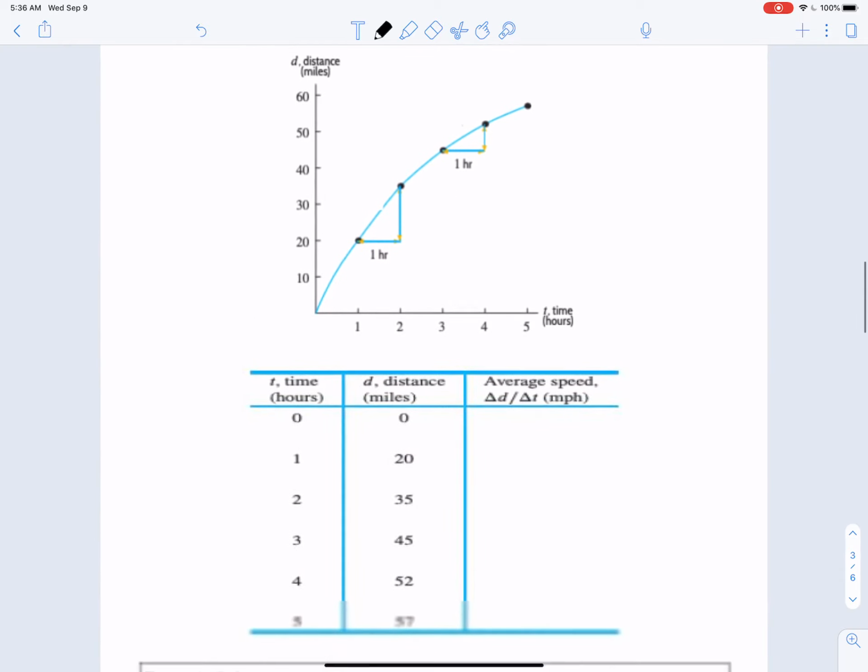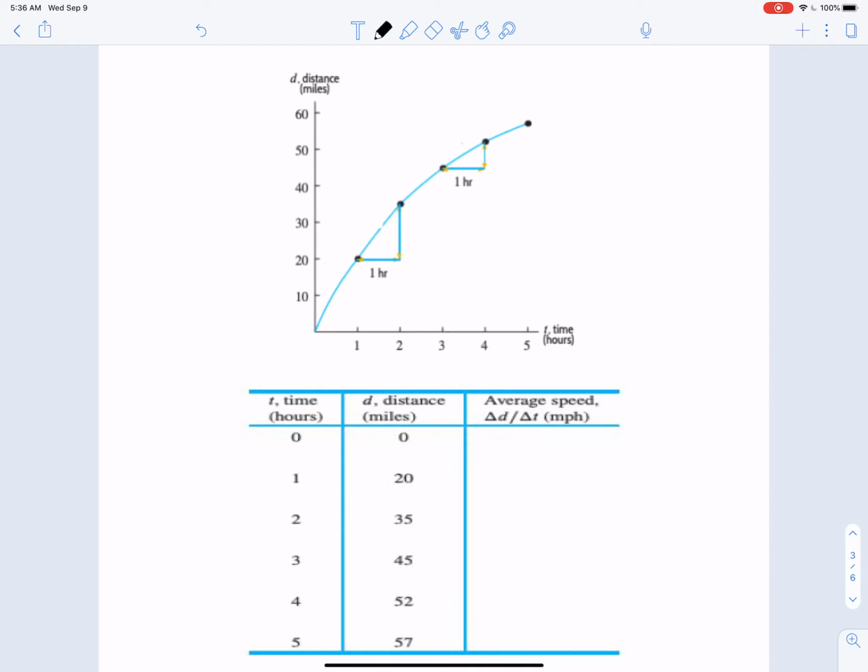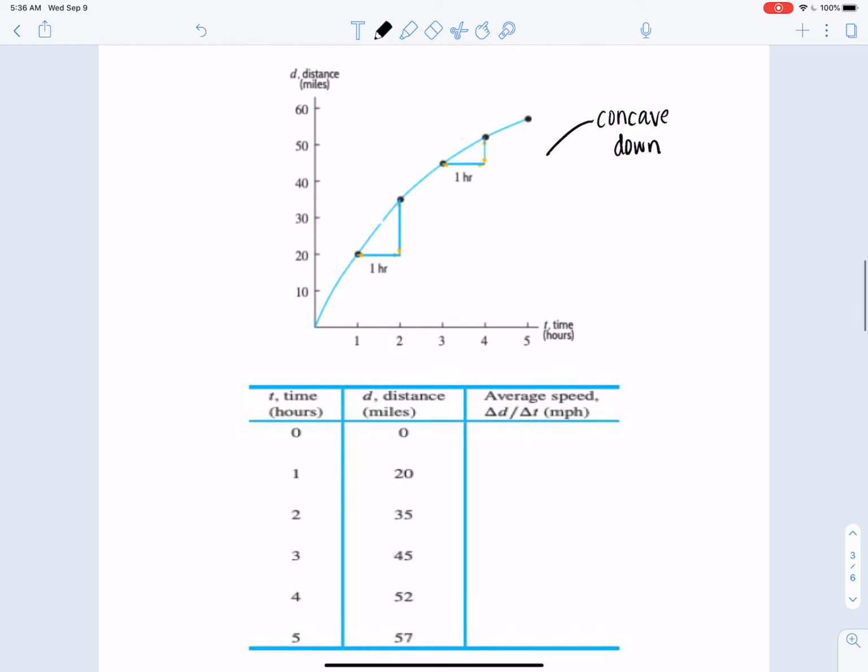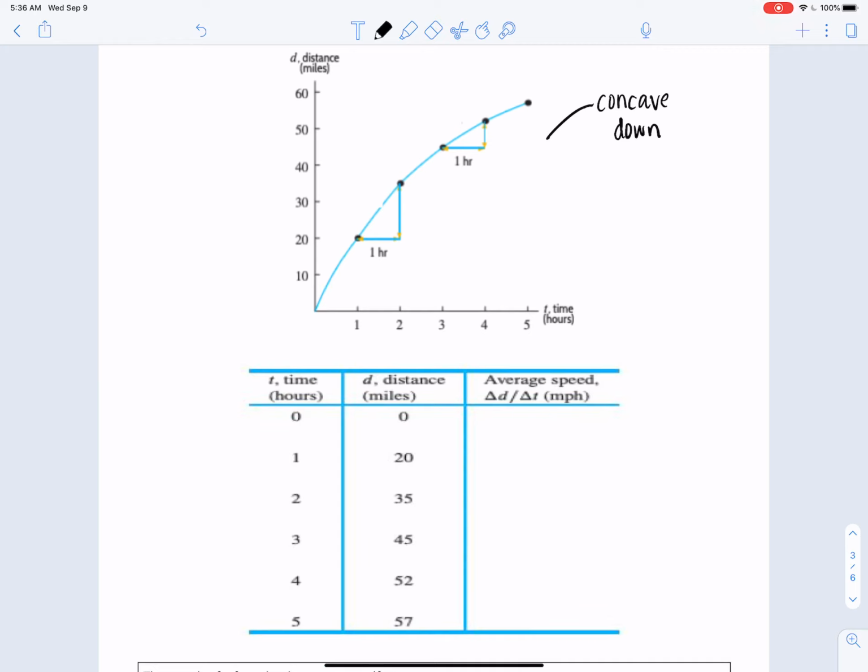And here we have another example, and I want you to just take a guess as to what you think it might be. Is this going to be concave up or concave down just by looking at the graph? Just by looking at the graph, it kind of looks like it's concave down because it's like an upside down cup. But then we want to test the rate of change. I want you to take a moment to try to figure this out.